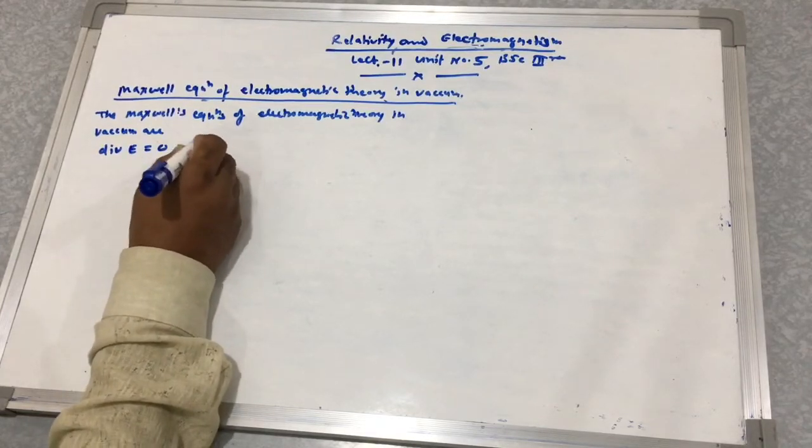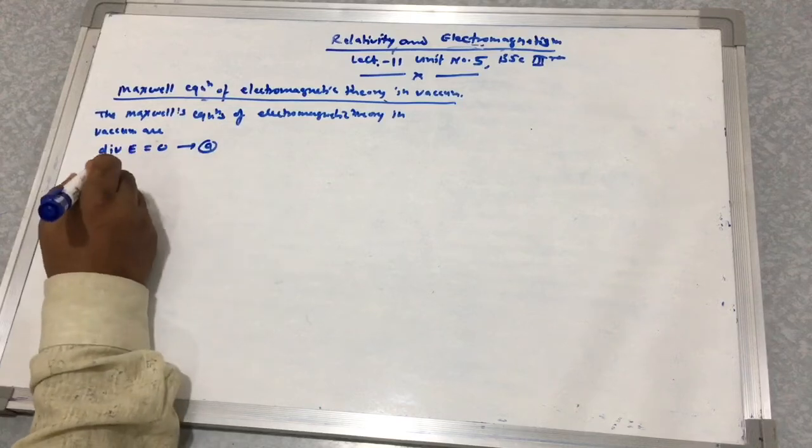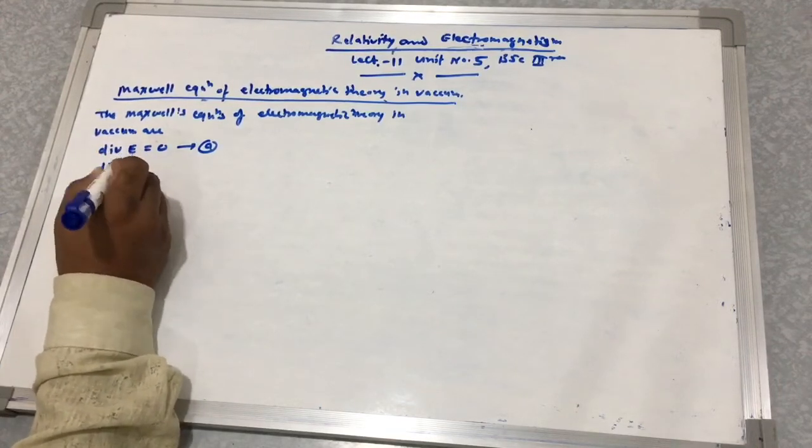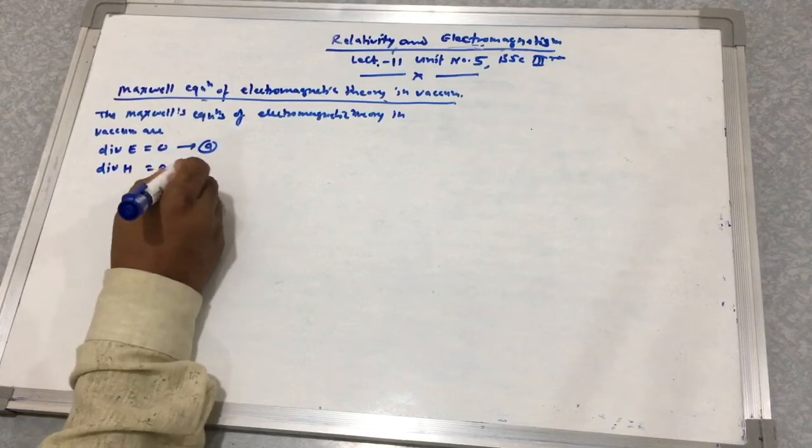This is A. Then divergence of H is equal to 0. This is B.